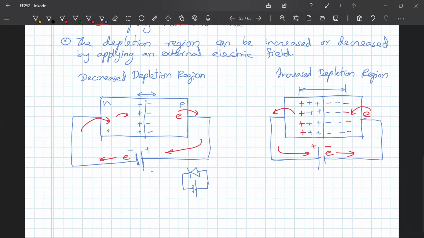So this is as if you have connected a diode in reverse bias. Something like this. Here the depletion region is smaller, and it's a little bit more conductive than when it is not connected. More conductive.